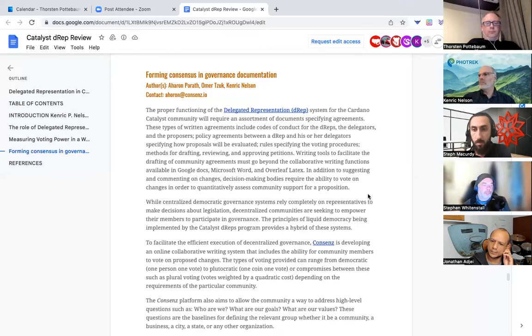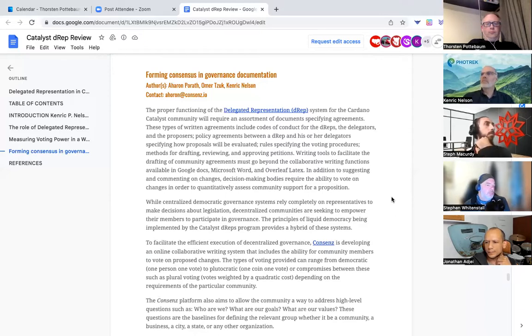The idea here is that the dRep system will require some documentation for its governance, such as a code of conduct and guidelines, as we are working on today in other aspects of Project Catalyst and the whole Cardano governance. Forming consensus around the documentation is a great challenge. So in this section, we propose a way to do this using the consensus platform, creating this documentation together in a community-driven, decentralized manner.